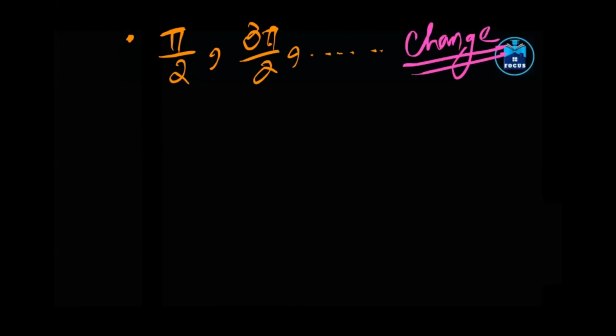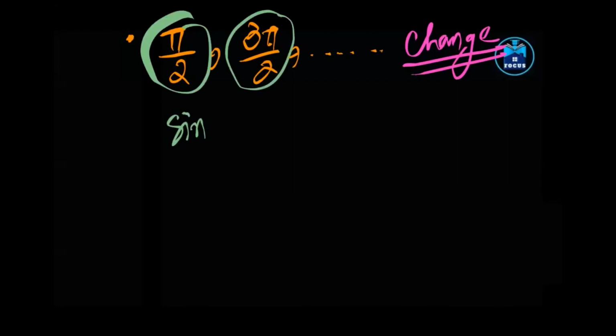Change of trigonometric function, which means if such things are present in your question, then all you have to remember is what the changes are going to be. Sine will change to cos. Cos will change to sine.